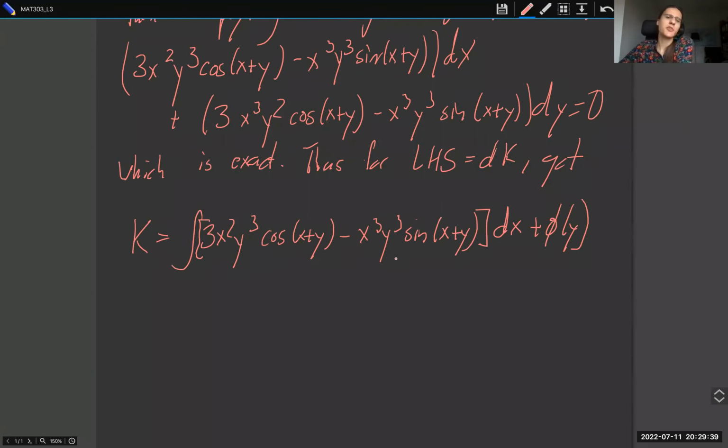Instead of integrating this directly, what we're going to observe is that there's a cosine here and a minus sign here, and there's a 3x squared here and an x cubed here. So this looks like a product rule thing, right? And so what product does that come from? Remember that y is just a constant.